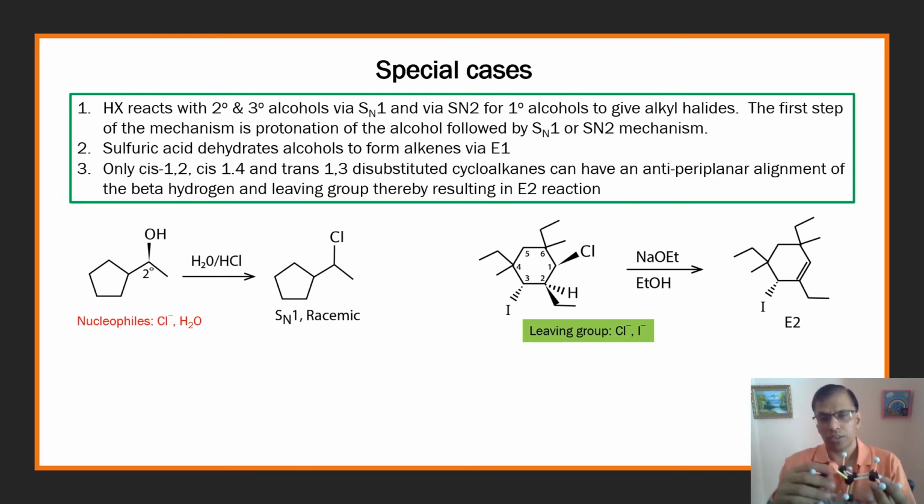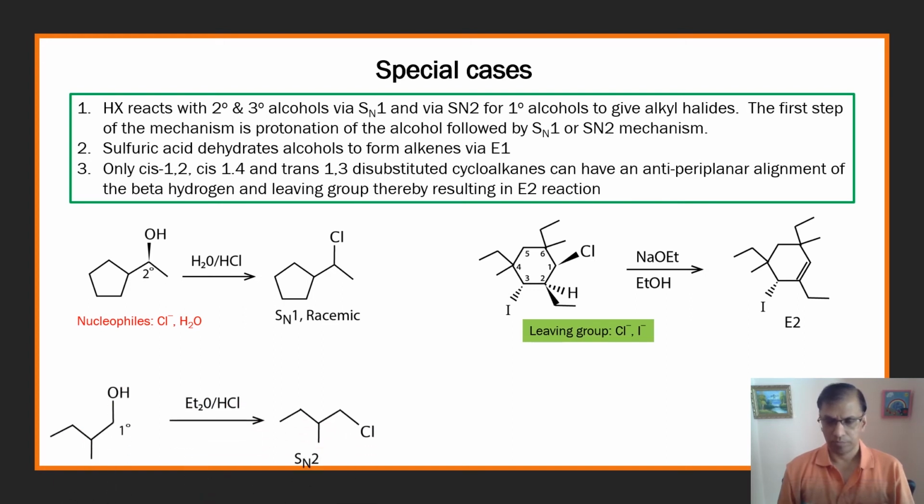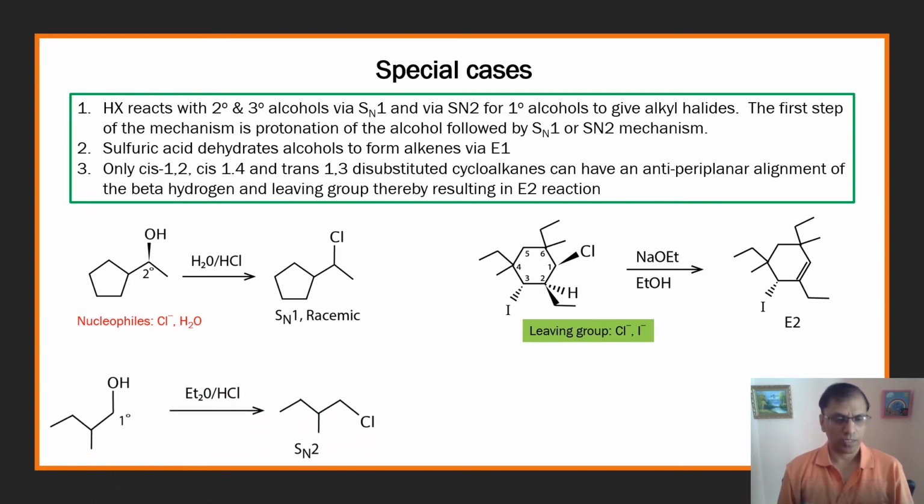So I think it's useful to make the model to better understand the stereochemistry and the locations and positions of the beta hydrogens with respect to the leaving group. So let's look at another example.